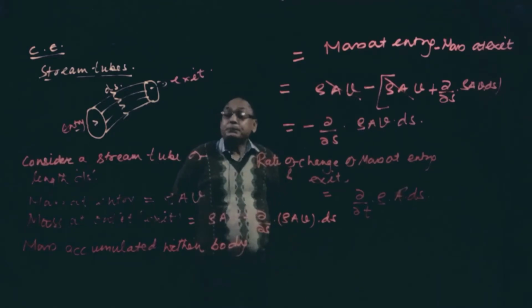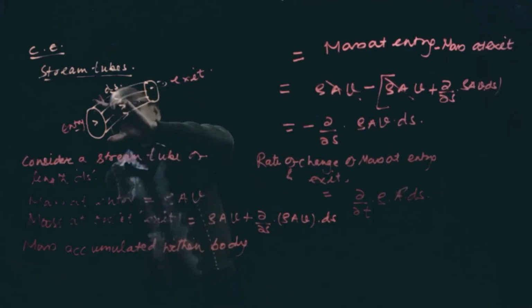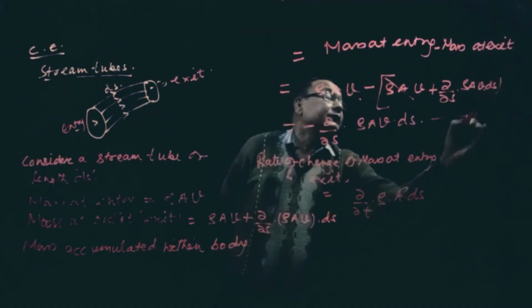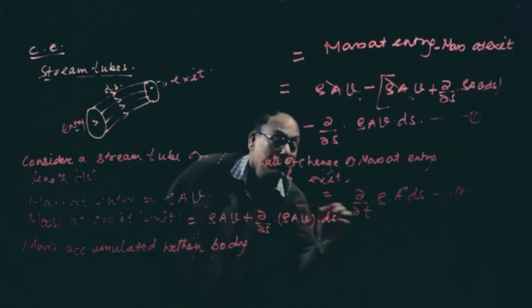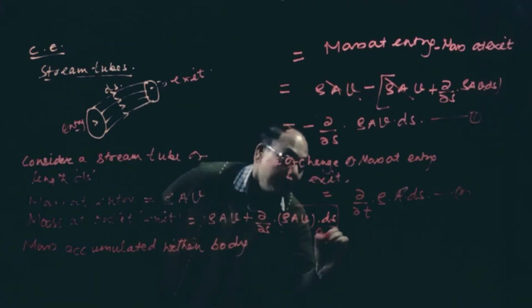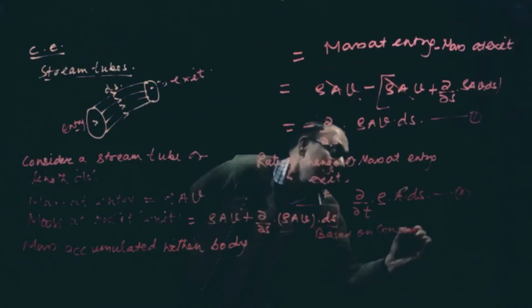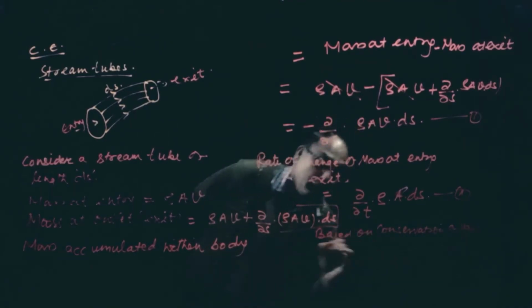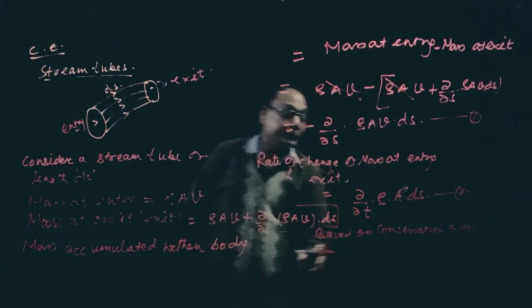So the principle of mass conservation states that mass can neither be created nor be destroyed. So this is equation 1 and this is equation 2. Based on conservation of mass, equations 1 and 2 will be the same.